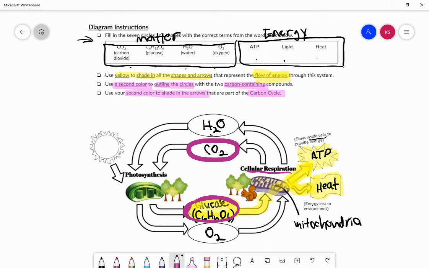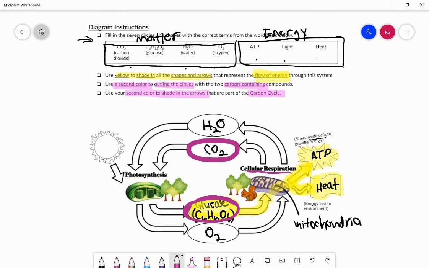interrelated. Obviously, oxygen is being given out here, and carbon dioxide is being given out here, but I really do not want you to think of this as a cycle between oxygen and carbon dioxide so much as thinking about it as a cycle between glucose and carbon dioxide as part of the carbon cycle.